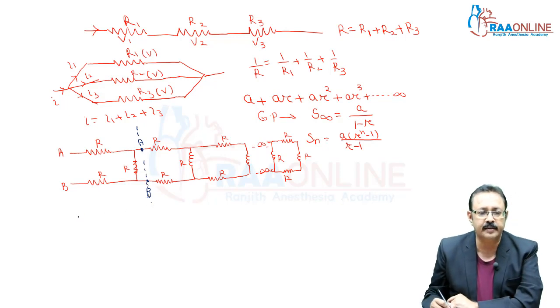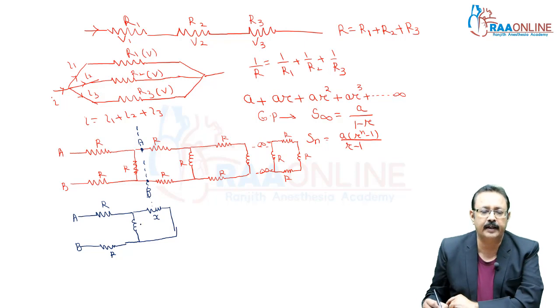So it means I am saying that resistance of this is R, this is R, this is A, this is B. If total is X, from this point the total circuit should have resistance X only.